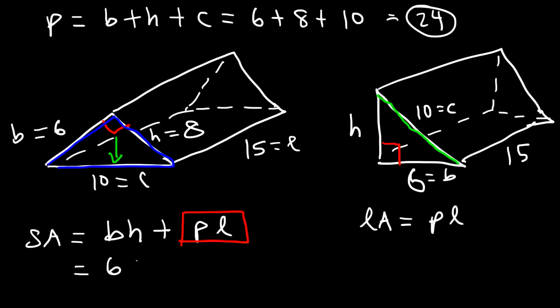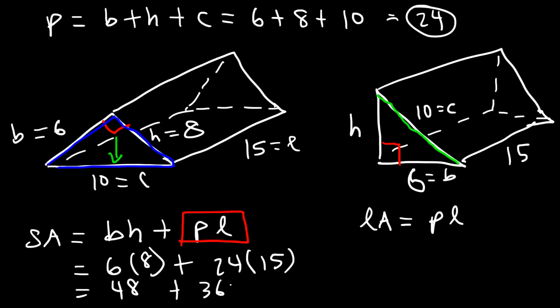So B is 6, H is 8, the perimeter is 24, and L is 15. 6 times 8 is 48, and 24 times 15 is 360. But this number 360, that is the lateral area. So for those of you who need to find it, that's how you could find it.